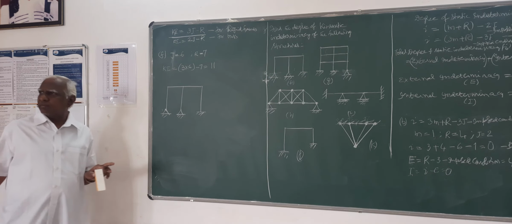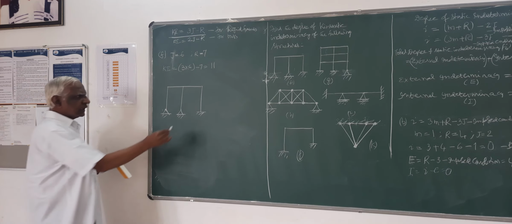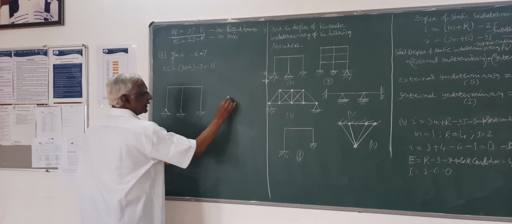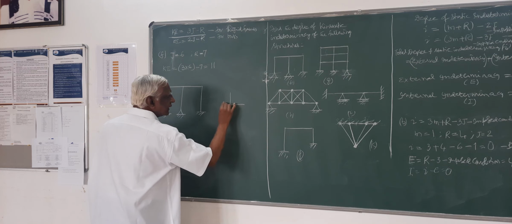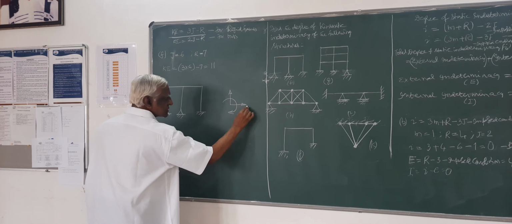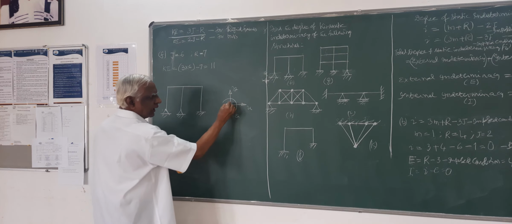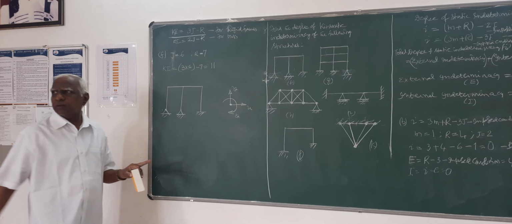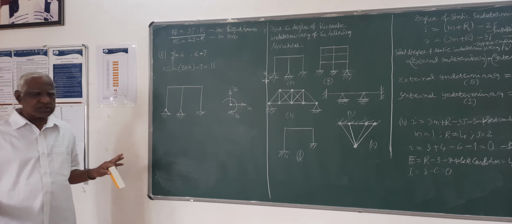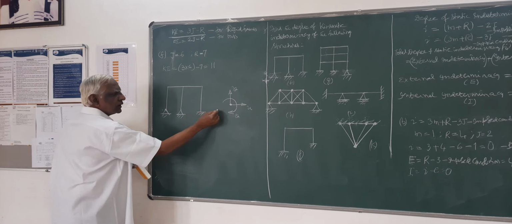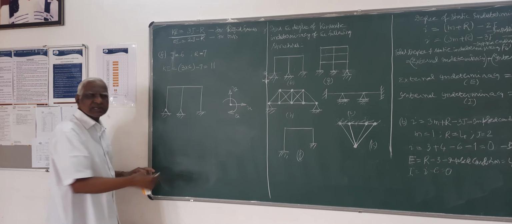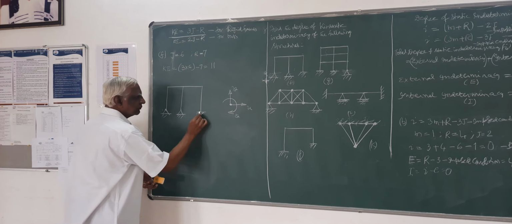Generally at each joint you have 3 types of displacement: one is horizontal, another vertical, another rotation about an axis normal to the plane. 3 displacements are possible.